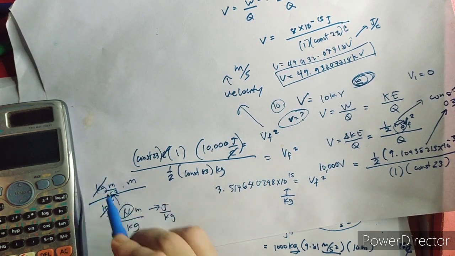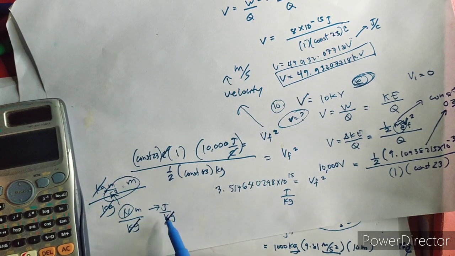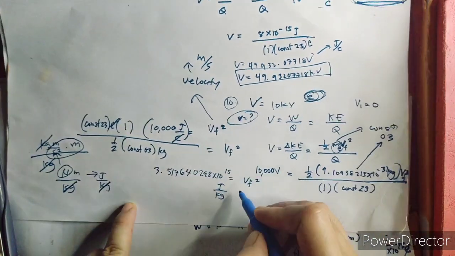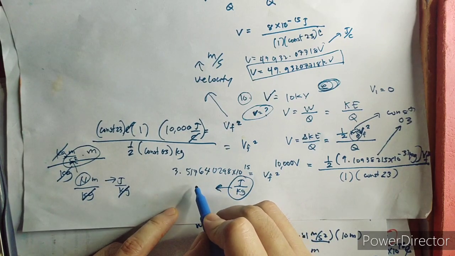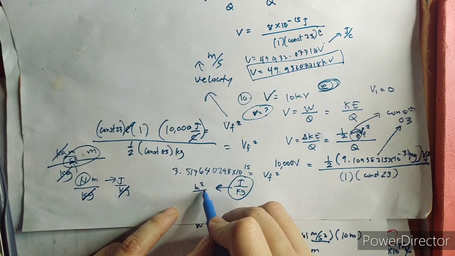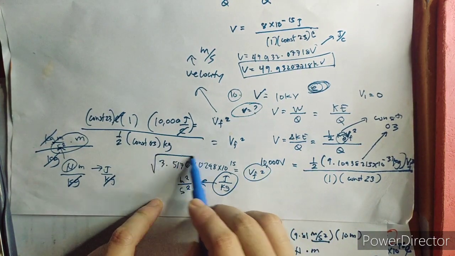Cancel ang kilogram. Ang matitira, joule per kilogram ay equivalent sa meter squared per second squared. Tama. Naka-v squared pa to, so square root both sides.